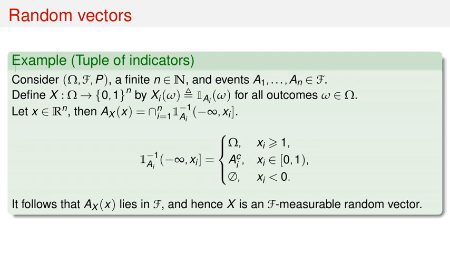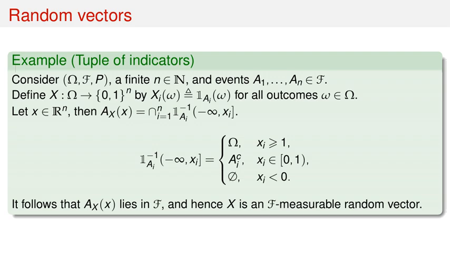Now, for any vector x in R to the n, the set A sub x of x is the intersection from I equals 1 to n of the indicator of A sub I, inverse of the interval from minus infinity to x sub I inclusive.